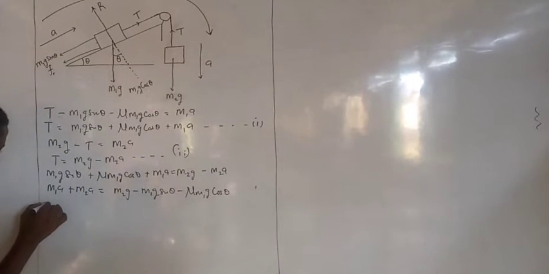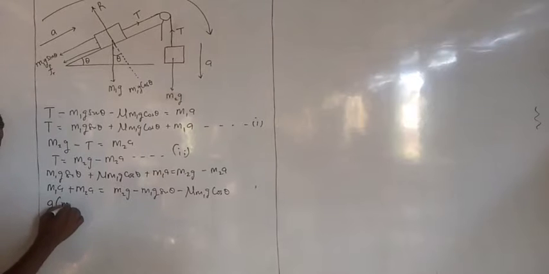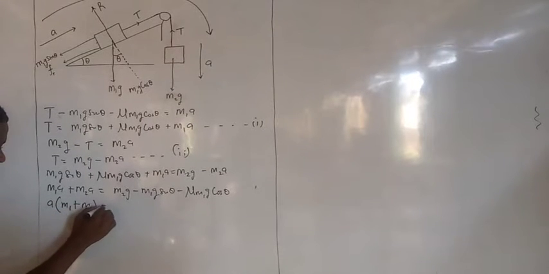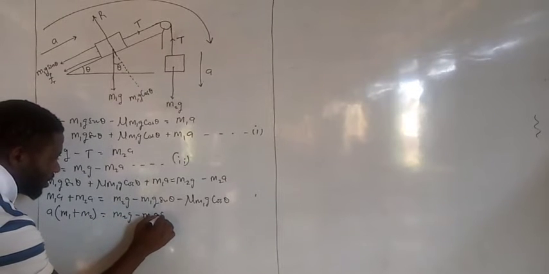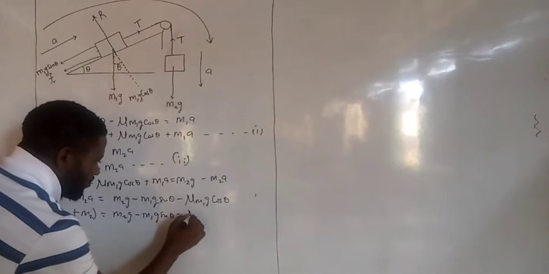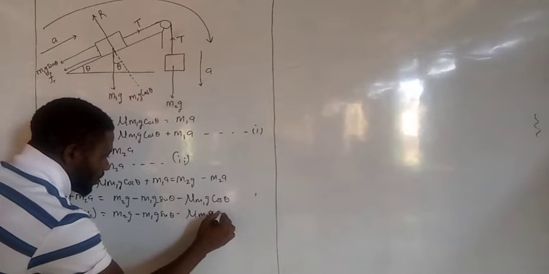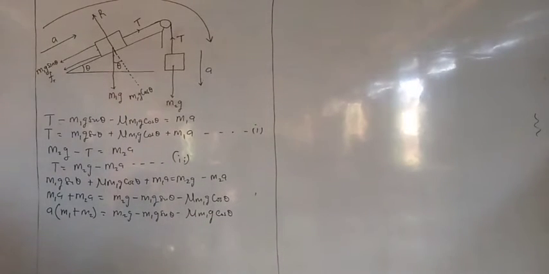So A is common, and I have A into M1 plus M2 is equal to M2G minus M1G sin theta minus mu M1G cos theta. So what is my acceleration now?